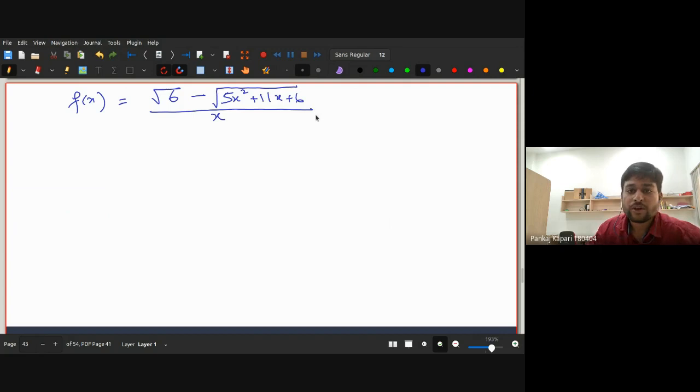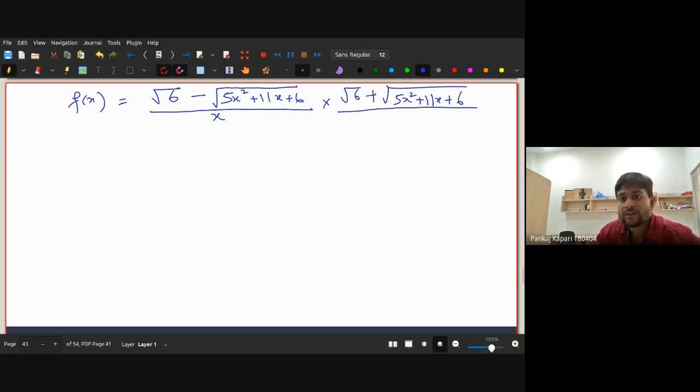Okay, so what we will do, we'll multiply the numerator and denominator by the factor root 6 plus root of 5x square plus 11x plus 6, and the same factor.